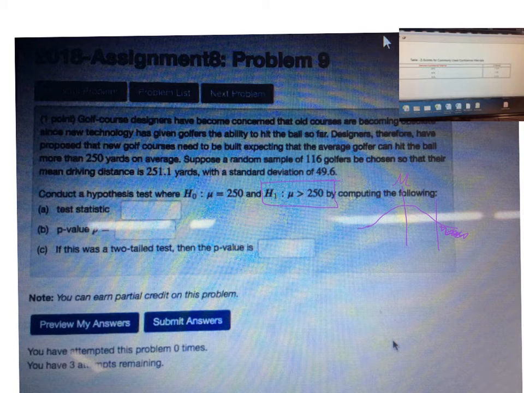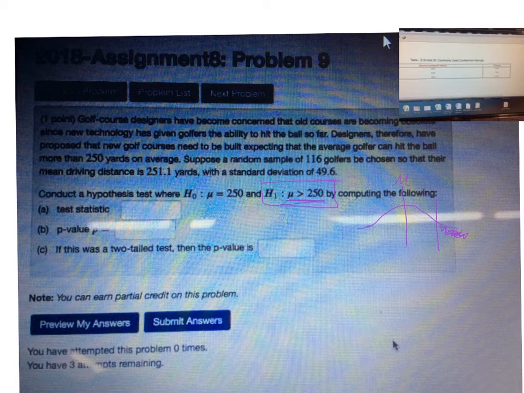The lowest scores don't count because we're saying that these scores have to be higher than the mean. That's what the greater than symbol means. All right, so what you're being asked for is the test statistic and the p-value, and then in part C they're asking you about a two-tailed test, and so a two-tailed test will change things just slightly.